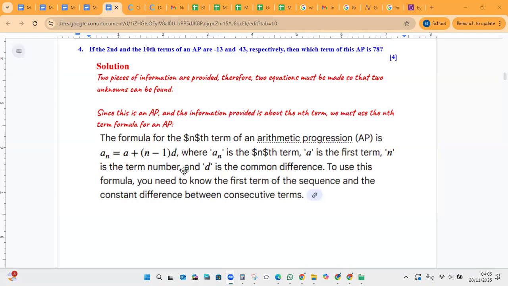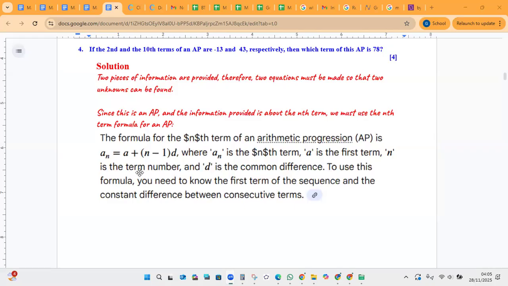So it continues by saying that the formula for the nth term of an arithmetic progression, abbreviation AP, is A sub n equals A plus n minus 1 times D, where A sub n is the nth term, A by itself is the first term, n is the term number, and D is the common difference.